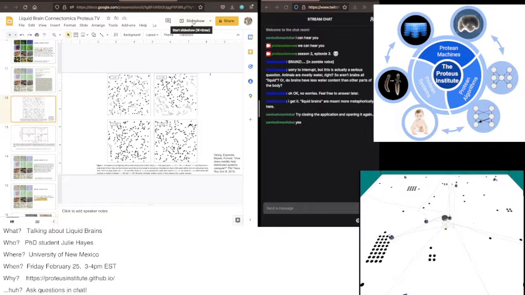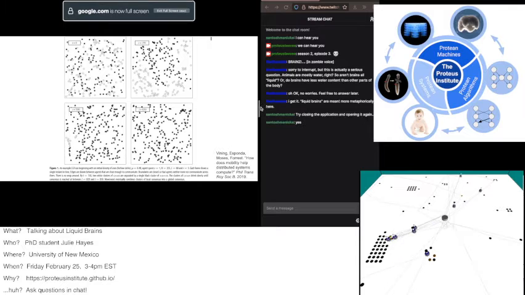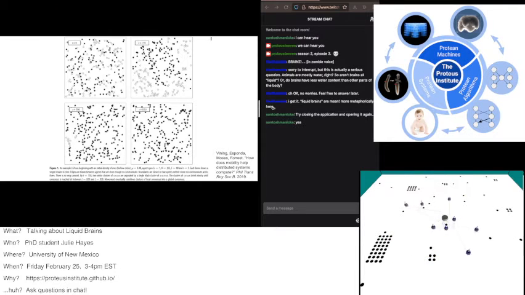You're seeing some liquid cellular automata, right? Cool. This is a paper from my lab. I don't actually know this person, but I hope I meet him tomorrow.